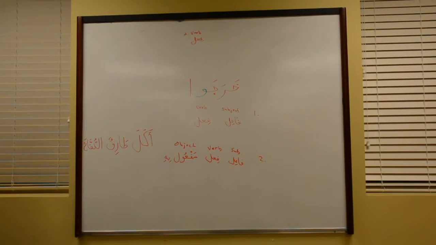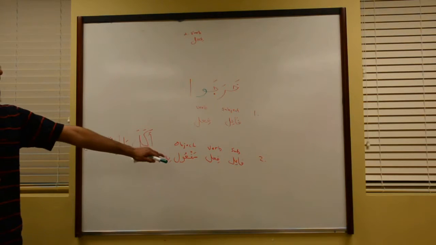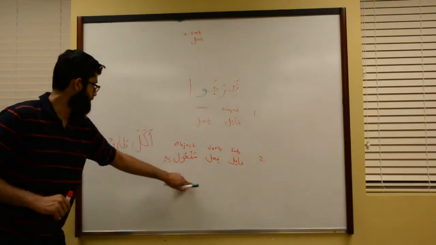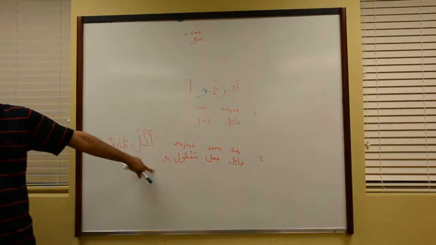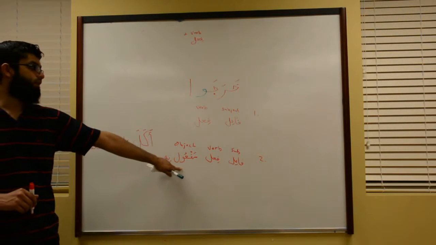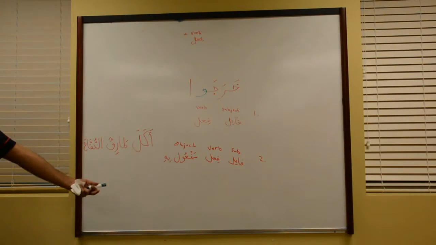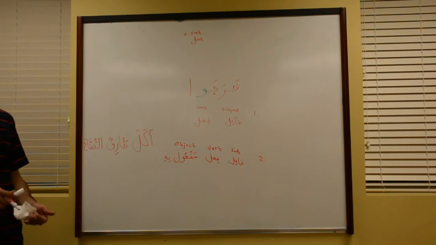Where's my subject? Tariq. He's the one who's doing the action. Where's my verb? Akala. And what is he eating? The apple. So I have a subject, a verb, and an object.